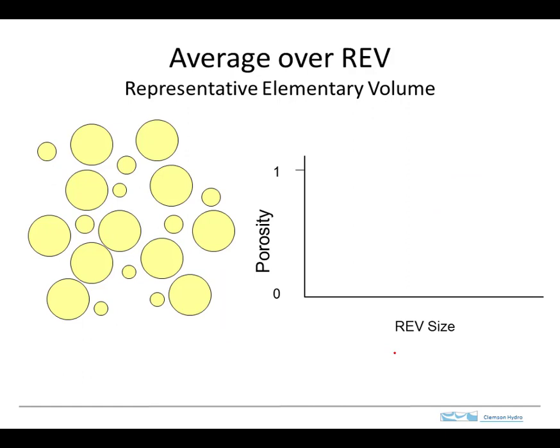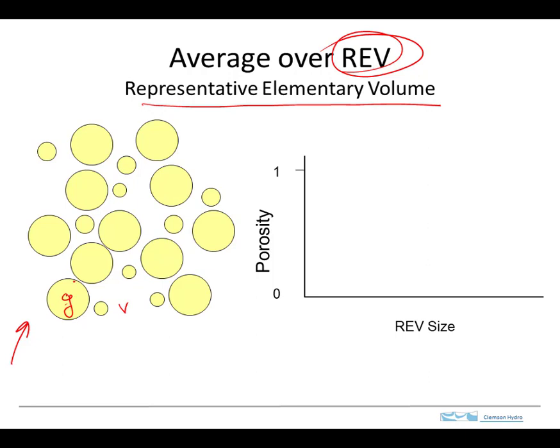Now, the basic concept of porosity, and indeed several important concepts describing porous materials, will require understanding this concept of the representative elementary volume, or what we'll call an REV. And to see how this works, we're going to look at this diagram on the left, and we've got some idealized grains here, and then there are voids here in between the grains.